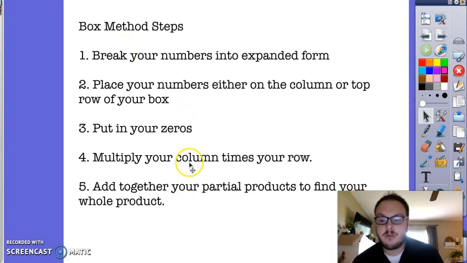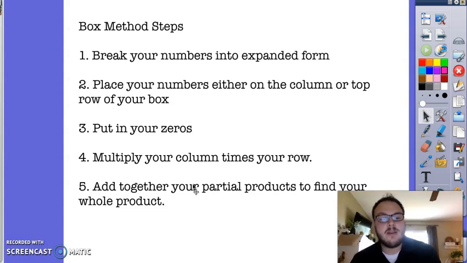The steps for the box method: the first step is to break your numbers down into expanded form. Following that, you will place your numbers either on the column or top row of your box. You can switch those because multiplication has the commutative property, unlike subtraction and division.